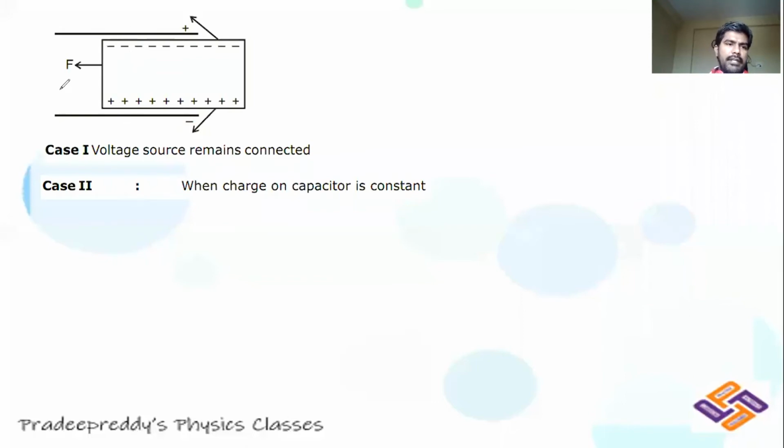Here it is air medium, and here it is a dielectric slab of some dielectric constant K. So there will be positive charge upon this plate and negative charge upon this plate. What would happen now? In the dielectric slab, this positive charge will pull all the negative charge towards itself, and the negative charge over here on the plate will pull all the positive charge to the other side.